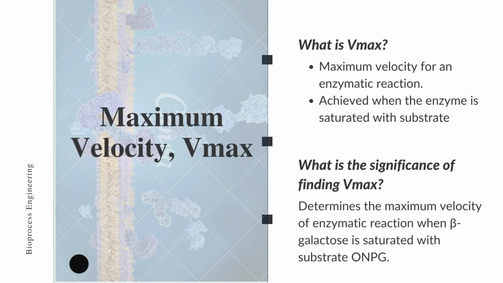So I'll be talking about maximum velocity, known as Vmax. Vmax is the maximum reaction velocity at which all enzymes become saturated with the substrate in an enzymatic reaction. In this case study, the significance of finding Vmax is to determine the maximum velocity of the enzymatic reaction when beta-galactosidase is saturated with substrate OMPG.